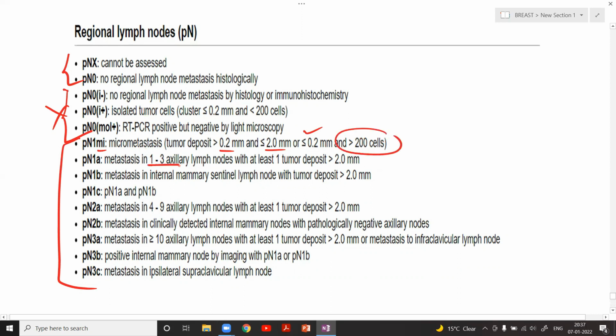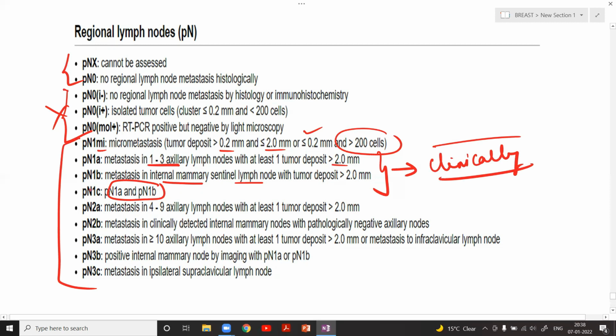N1a is 1 to 3 axillary lymph nodes with at least a tumor deposit more than 2 millimeter. N1b is an internal mammary lymph node, and N1c is N1a and b. But remember, this internal mammary node should not be palpable or found clinically. Clinically it should be negative. Just pathologically, if you can appreciate it, then it comes under stage 1.